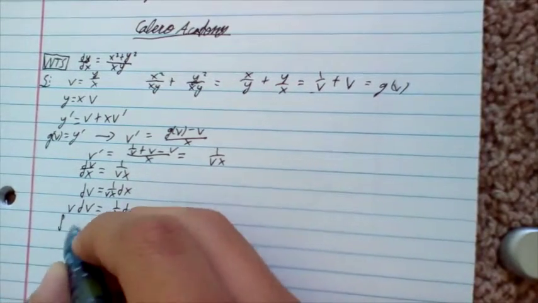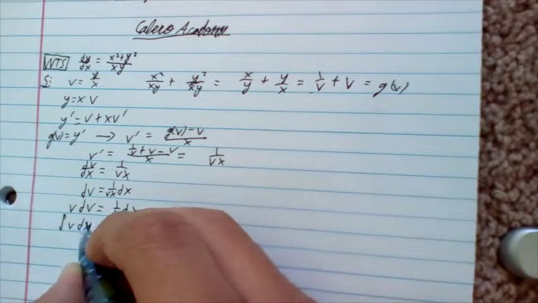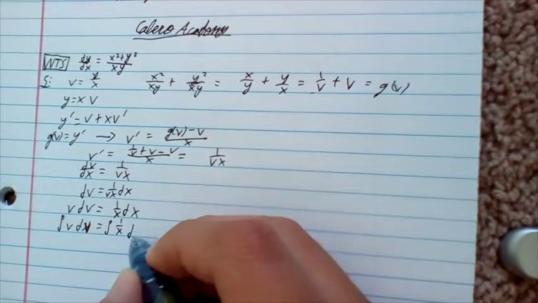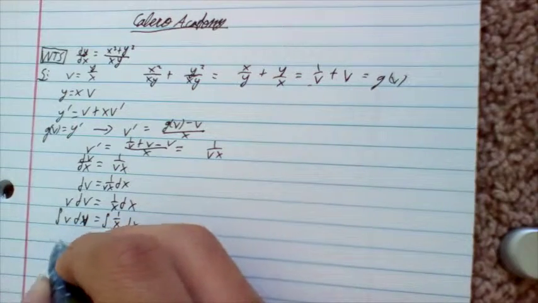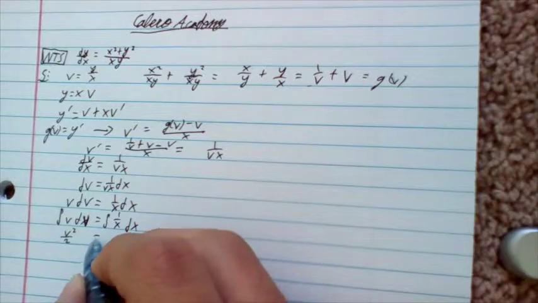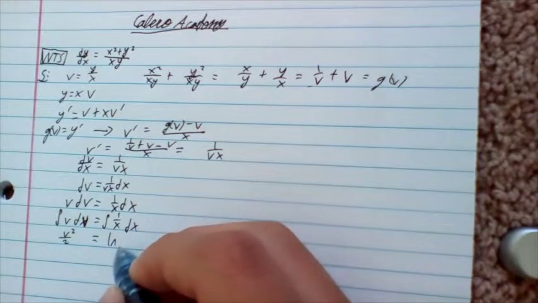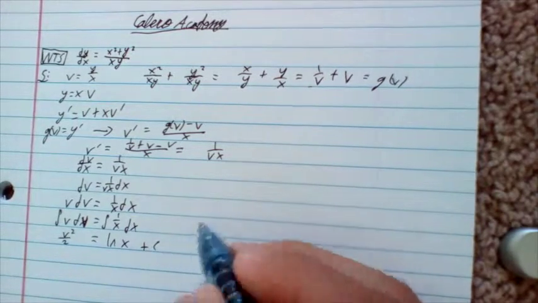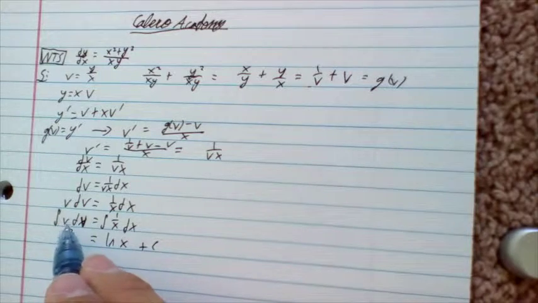Take the integral of both sides, and we get that the integral of v with respect to v is equal to the integral of 1 on x with respect to x. Now, this is just going to be equal to v squared on 2 plus some constant c, we can subtract that from both sides. It's going to be equal to the natural logarithm of x plus c. We always have to remember to put in our constants when we're not doing definite integrals.